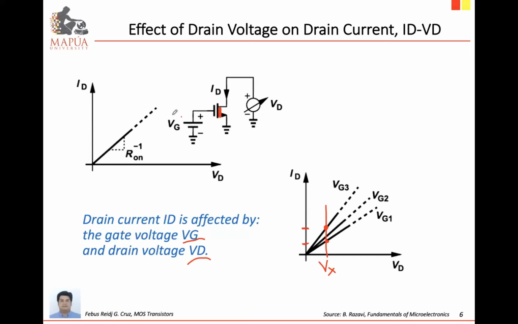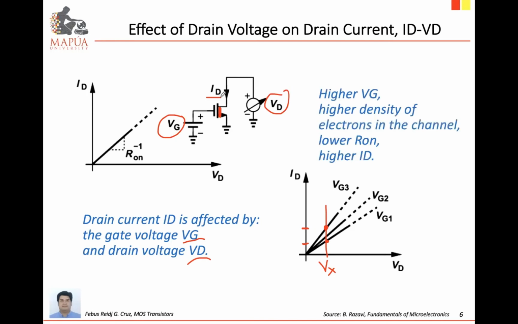But aside from the gate voltage, the drain voltage will also have an impact or effect on the value of the drain current. From here, also remember that higher gate voltage would result in a higher density of electrons in the channel, and it will lower the turn-on resistance and result in a higher drain current.